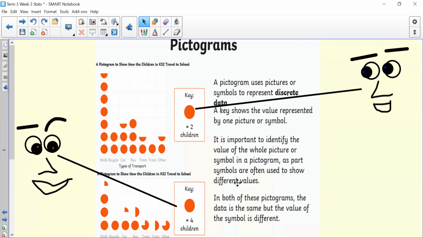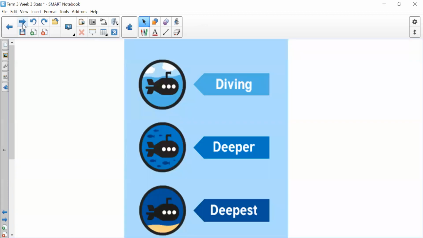In both of these pictograms, the data is the same, but the value of the symbol is different. And that's what we're really going to be focusing on today. Really reading them carefully, because where there's been mistakes last week with answering questions about your pictograms, it's normally just been that you haven't read the key properly, something that's really easy to put right.